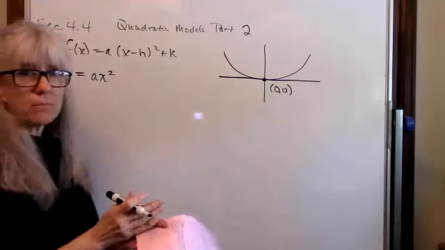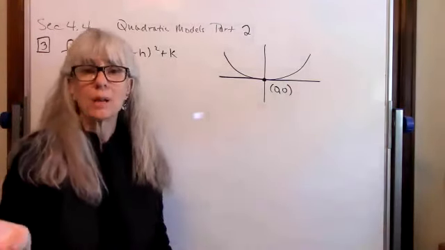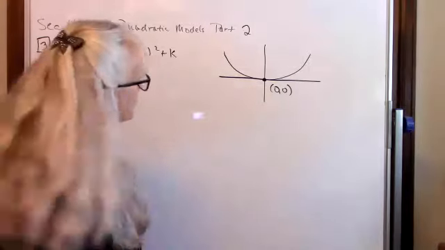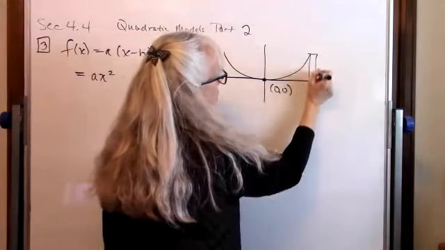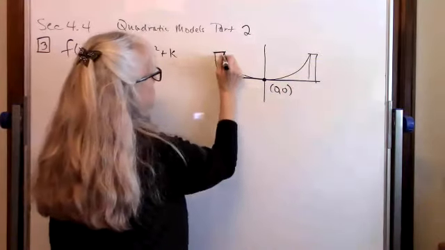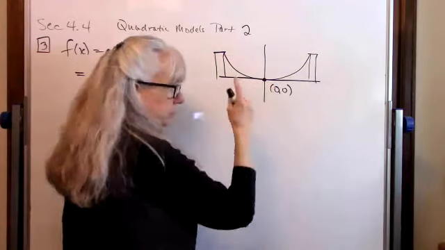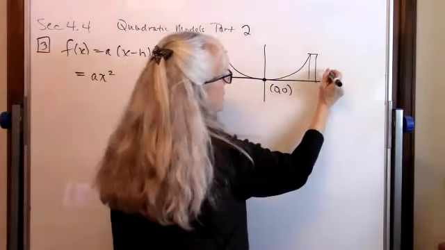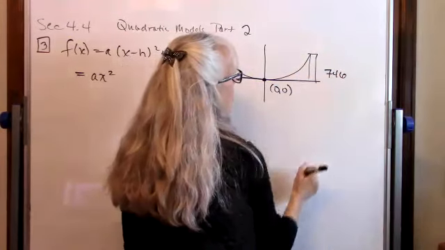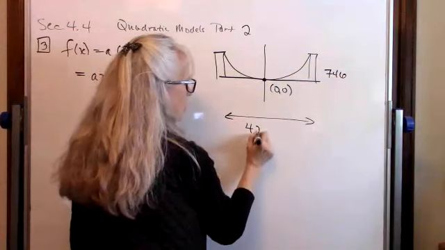Now we know this is going to be a fairly wide parabola, but how are we going to find a? Well, we need that second point. So we have to find a second point. What we're going to use is the fact that the towers are on the ends, sitting here. We know that the road and the cables touch. They tell us that. Okay, well, these towers are 746 feet tall, and they are a total of 4,200 feet apart.